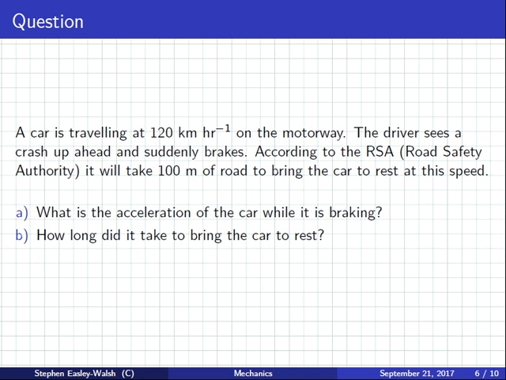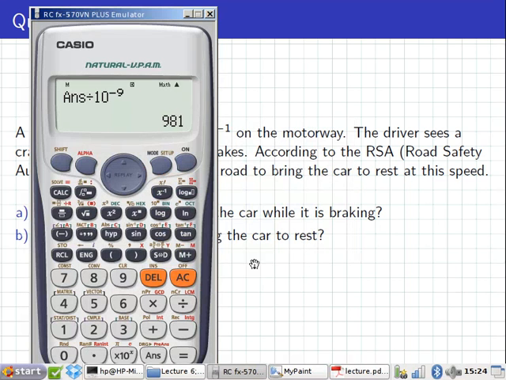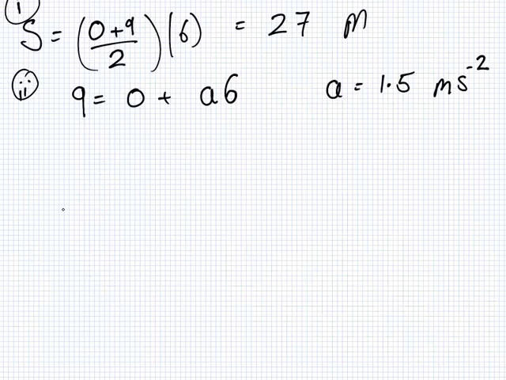So the first thing I want to do is get that into meters per second. 120 kilometers per hour, per 3,600 seconds. So this is my U. U is 33.33 meters per second.